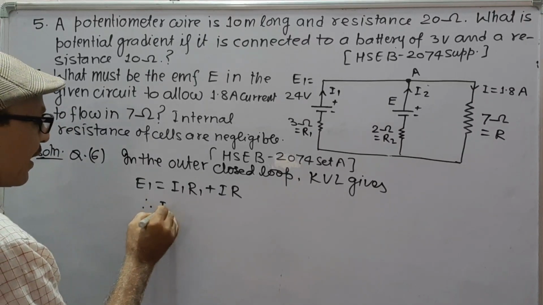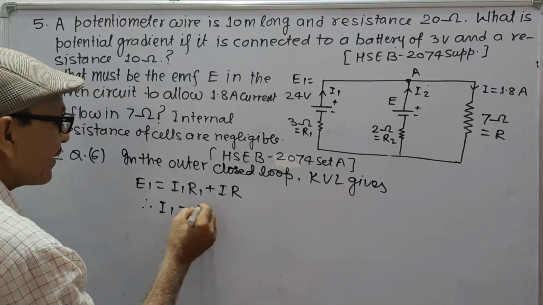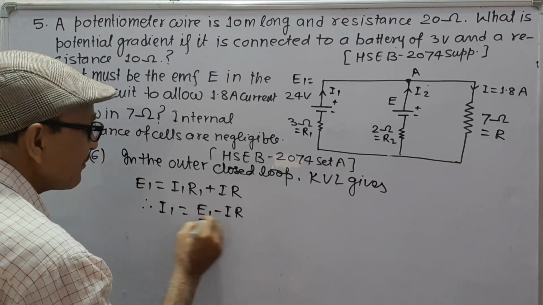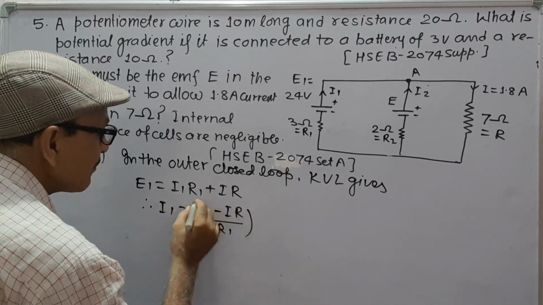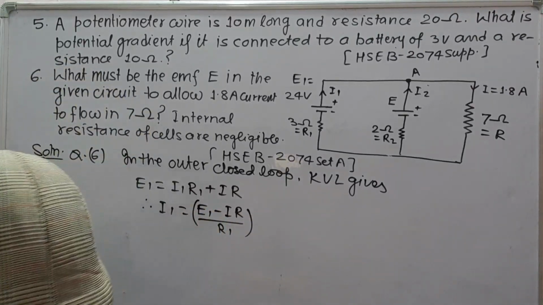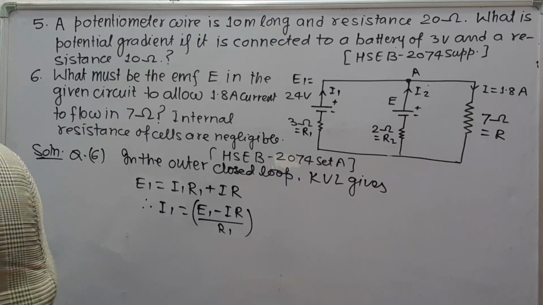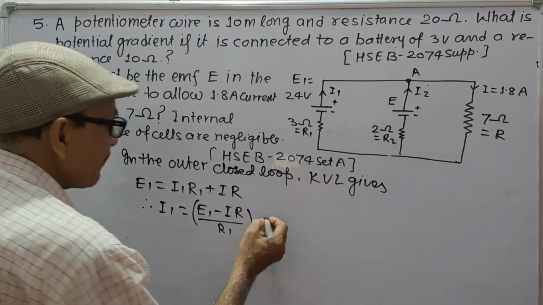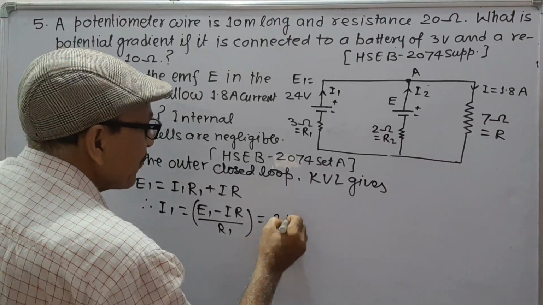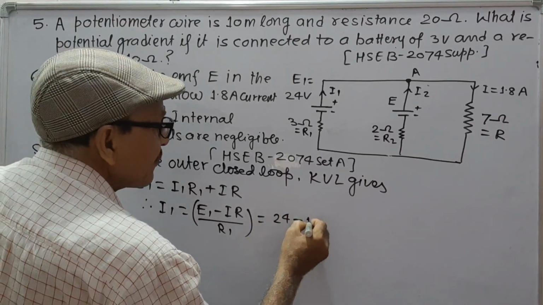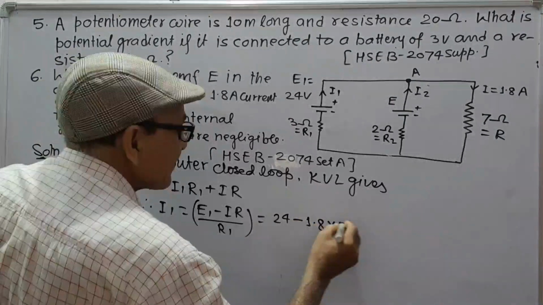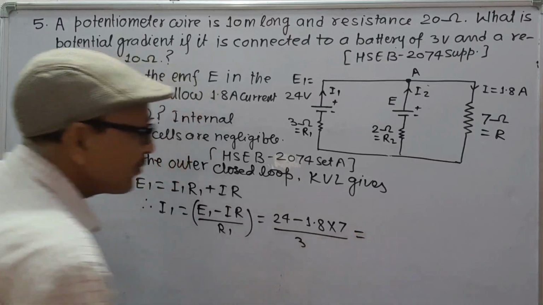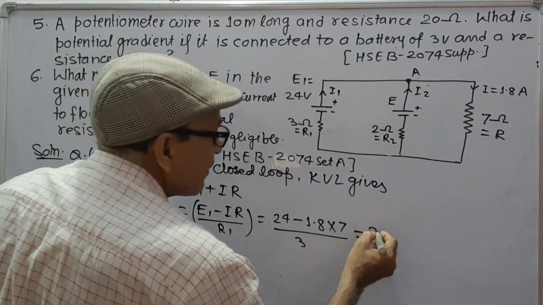Therefore, I1 will be equal to E1 minus IR upon R1. E1 is 24 minus I is 1.8, R is 7, upon R1 is 3. So, I1 comes to be 3.8 ampere.